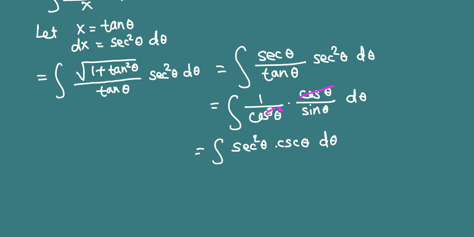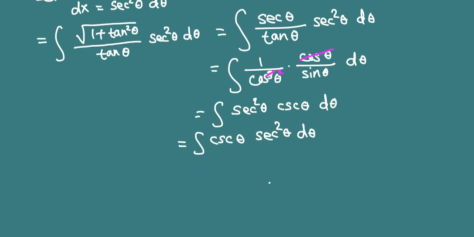I can see it as a product, so integration by parts. I'm going to write cosecant in the first place and secant squared theta d theta in the second place, because I know the antiderivative of secant squared, which is tangent.